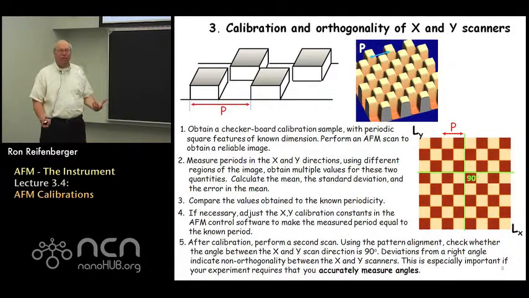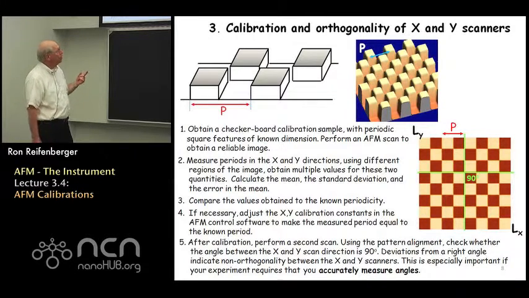Now once you obtain that image, then you can do all kinds of things, right? You can, for instance, check and make sure that the periodicity in the X direction and the periodicity in the Y direction are the same. You know the periodicity because the chip has been made with a certain accuracy.